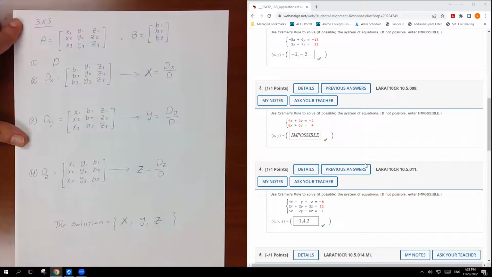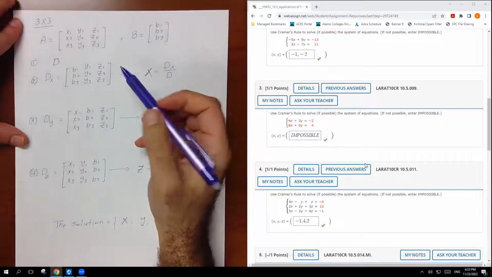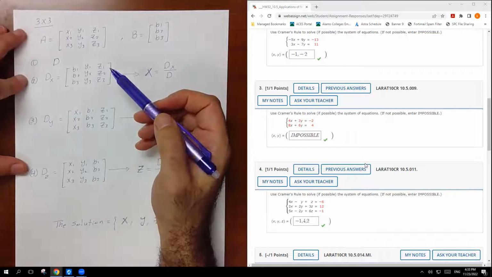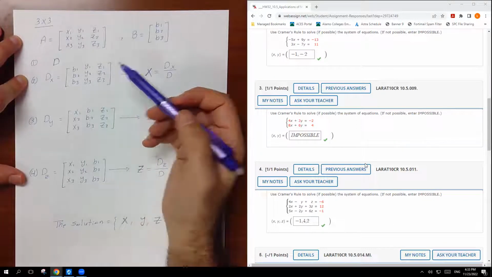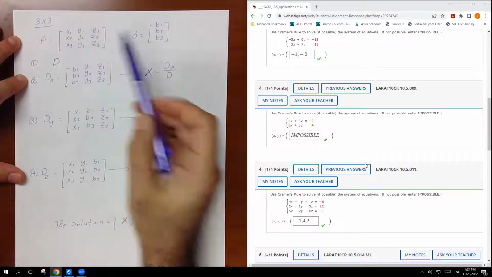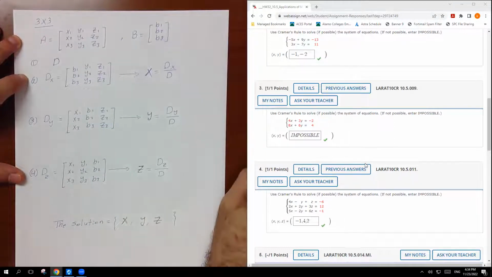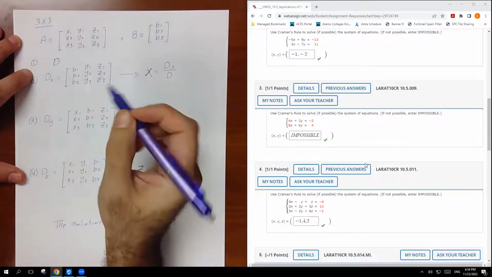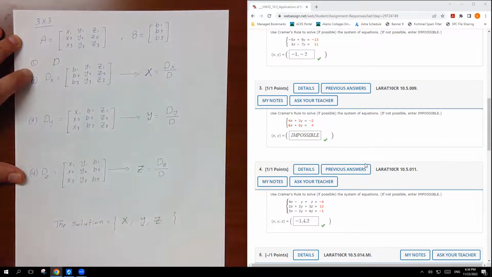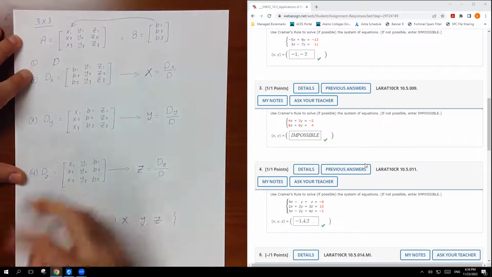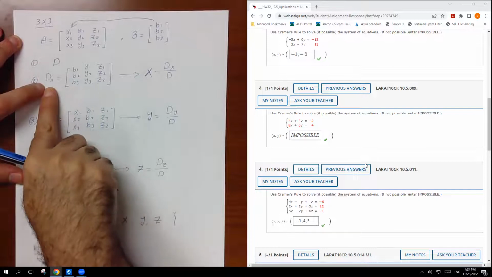Before we go into example 4, when you have 3 by 3 matrices and you need to find the solution by using the Cramer rule, here is the matrix, 3 rows and 3 columns, and here is the matrix B. The first step, we're going to find the determinant for the matrix A. Step 2, I'm going to replace the first column with B. This is dx.